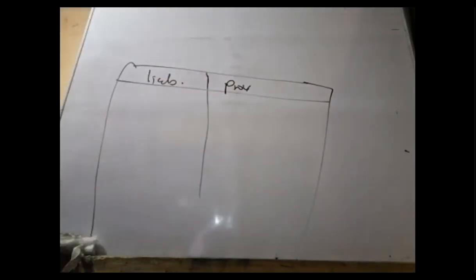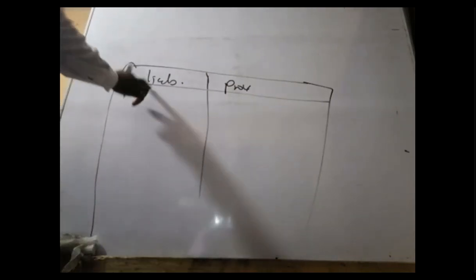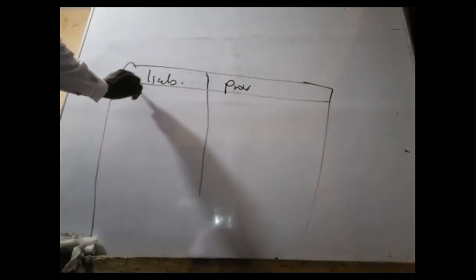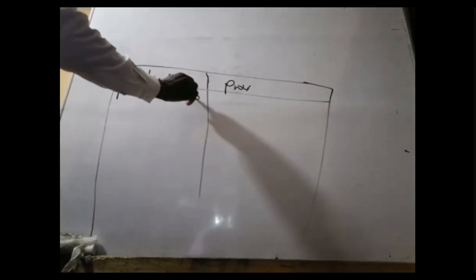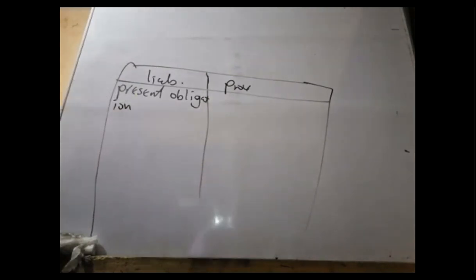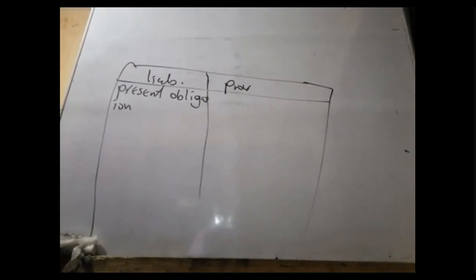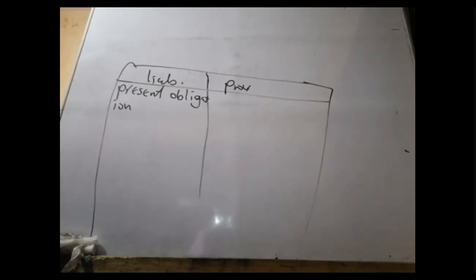Now we define a liability as a present obligation arising from past events from which future economic benefits are expected to flow out of the entity, meaning that a liability will result in an outflow, that is, a settlement payment.